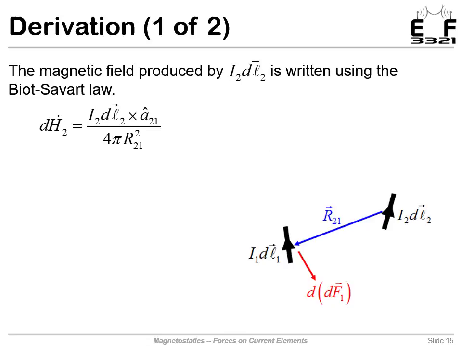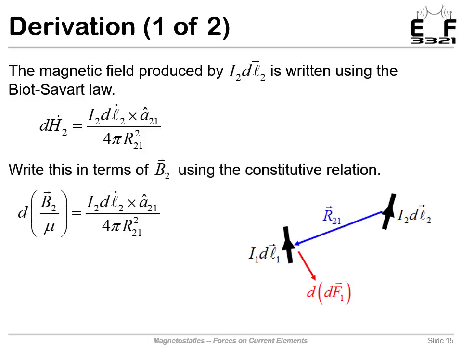So let's go ahead and derive an equation for this double differential force. We start off with the second current element, and that is going to put off a magnetic field. So we can use the Biot-Savart law and write an expression for the magnetic field put off by that second differential current element.